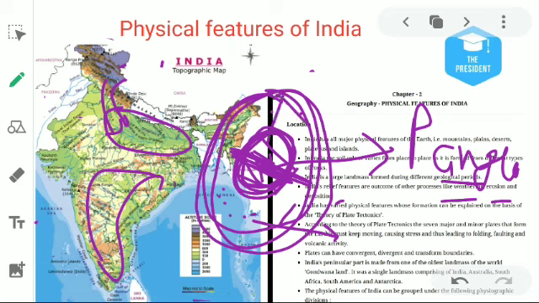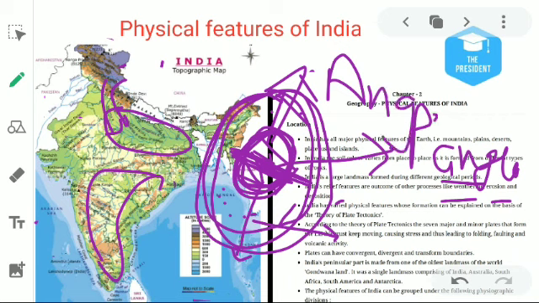The upper half goes toward the north, and the southern half comes towards the southern side. The northern portion was known as Angara land, and the southern portion of this land was known as Gondwana land.